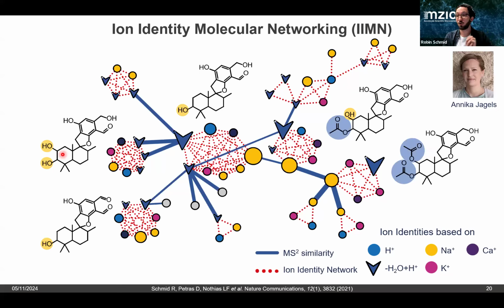Again, in a circle, we have all the redundancy that otherwise is scattered around the network. Here, for example, sodiated adducts are connected, but not connected to the M+H and water losses. So ion identity networking might help you dereplicate your molecular networks and bring together things that otherwise do not cluster.